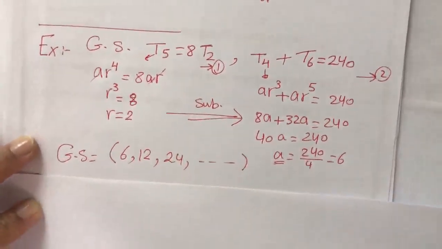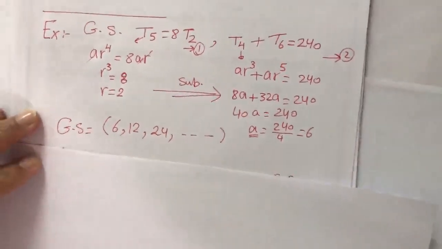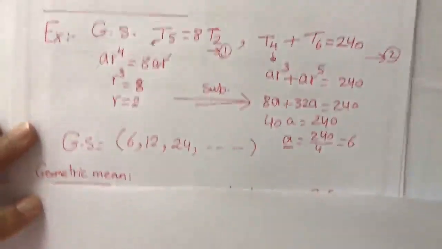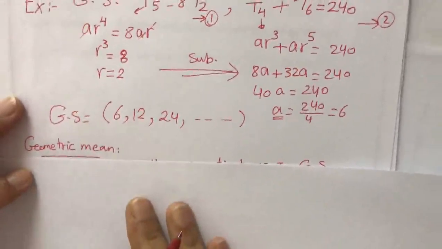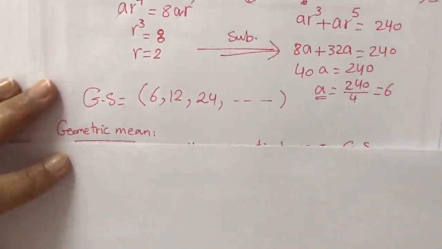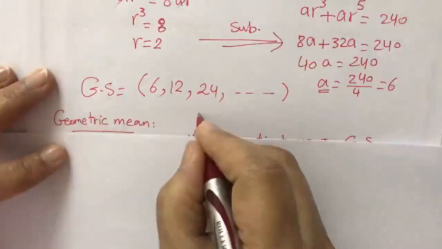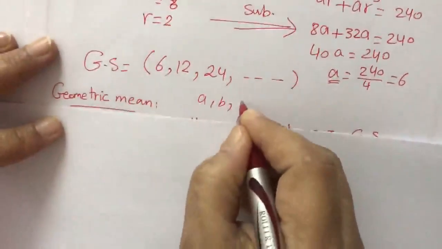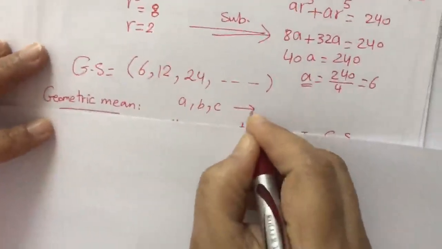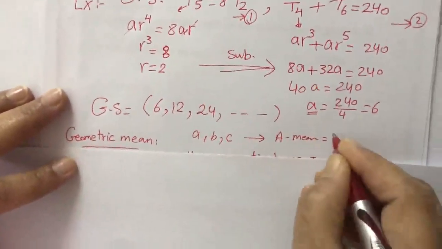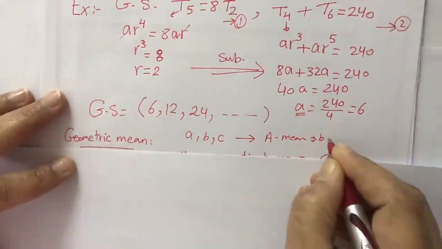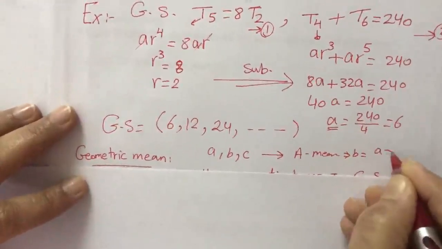Okay? Now we go to another part, we call it the geometric mean. We took the arithmetic mean before. We said that if I have 3 consecutive numbers A, B and C, in the arithmetic mean B equals A plus C over 2.